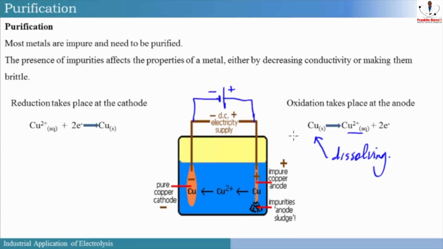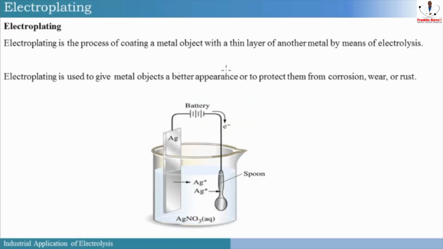Let's look at the process of electroplating, which is of a very similar principle, but only different in the name of purification and electroplating. Now, in electroplating, all we're doing is coating one object with a thin layer of another metal.